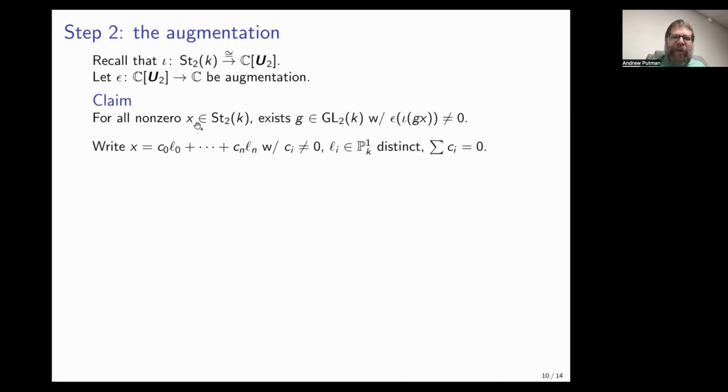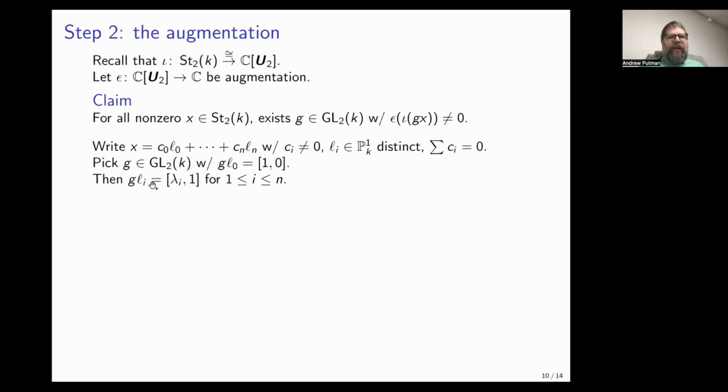Okay, and what I want to do is hit this x with some element of GL2K to make sure that it goes to something on the right-hand side where the augmentation is non-zero. How am I going to do that? Well, I'm going to pick some element g inside GL2K that takes the first line to the line with slope infinity, so the line (1, 0). I can do that. GL2K acts transitively on the set of lines. And I said when I was writing x in this way that all the lines are distinct.